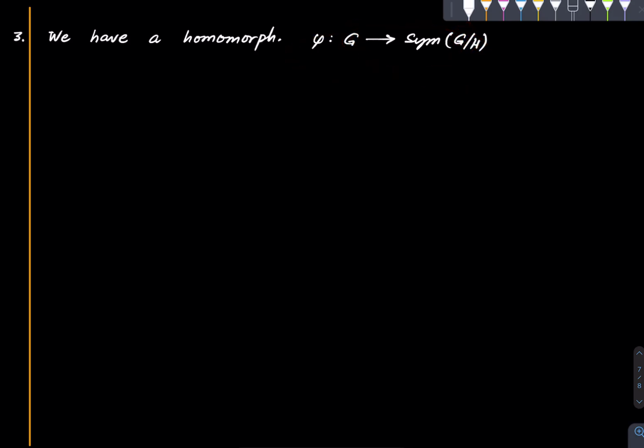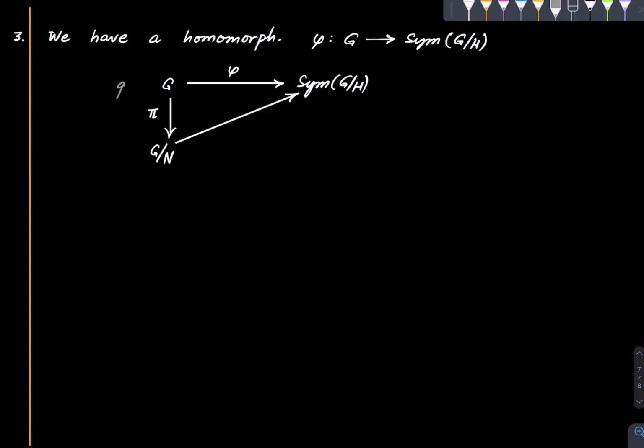And since N is the kernel, let me make the diagram. So we have a group homomorphism, and it will factor through the cosets of the kernel. This is the natural projection, which takes G to G mod N. And this is phi bar, an injective group homomorphism.